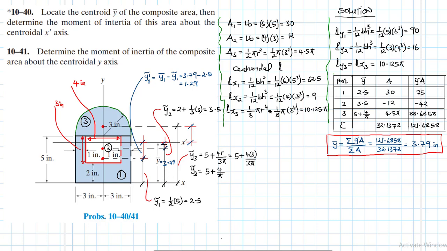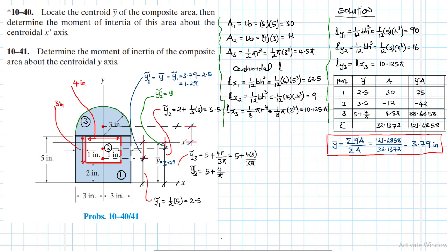Alright, and then this one here, let me use green for this one. Okay, so this one is y caret prime 2, which is also equal to y bar, this is just y bar, okay, it's not 1.